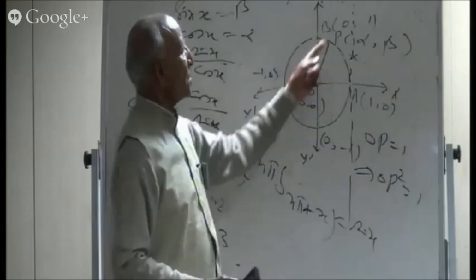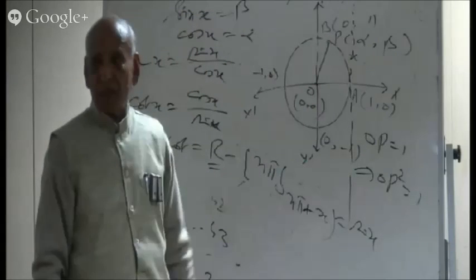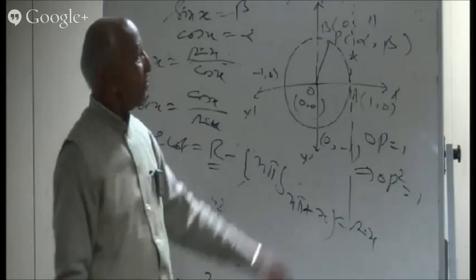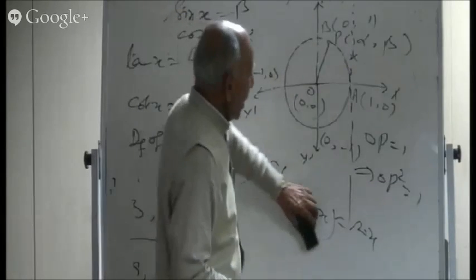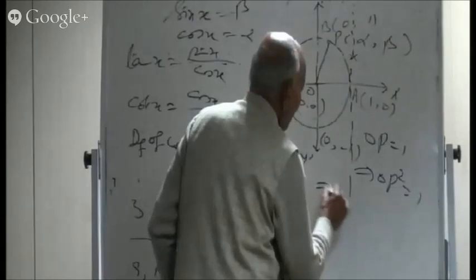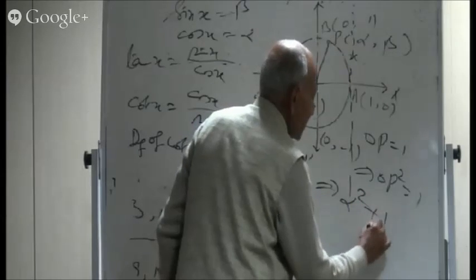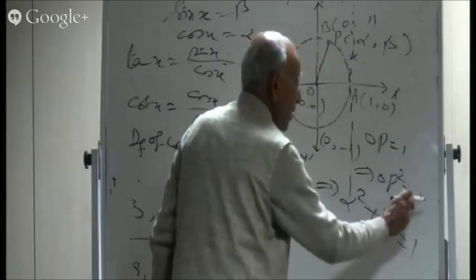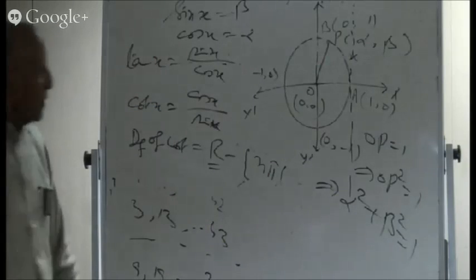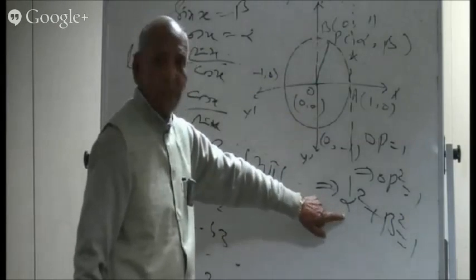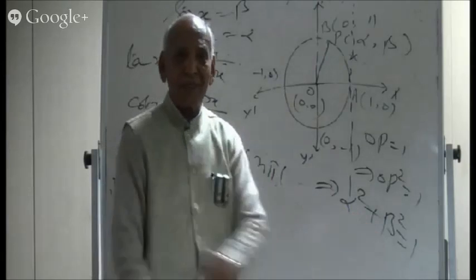Can you write the distance between these 2 points? Distance formula you are aware of. So what is that? Alpha minus 0 whole square plus beta minus 0 whole square. This implies alpha square plus beta square is equal to 1. So what does it mean? I think you have proved that cos square x plus sine square x is equal to 1.